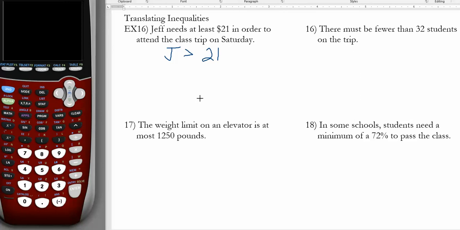Would that still work? And the answer to that is yes, it would. So in this case, it would be greater than or equal to. But over on 16, we've got students, and then we've got 32. And we need fewer than 32. So fewer, of course, less than. And now I have to ask myself, would 32 be fewer than 32? And the answer to that's no. So therefore, no equal to on that particular problem.